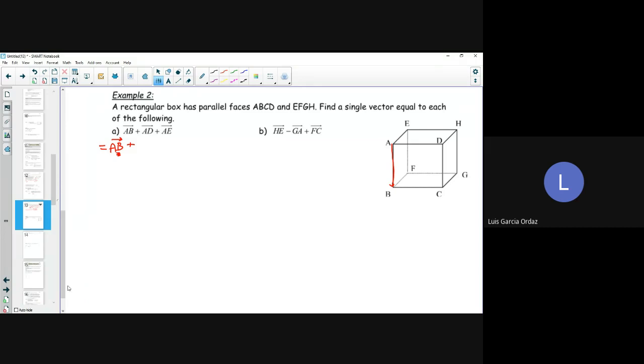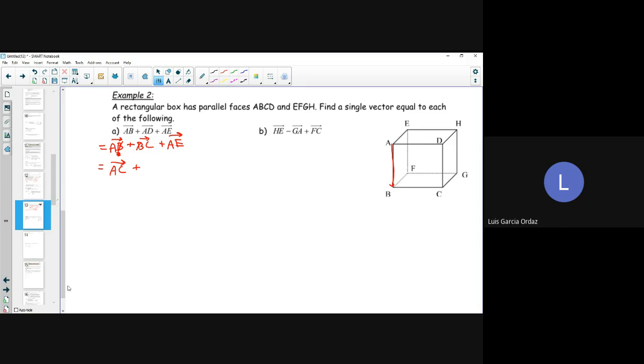Vector BC, thank you, Lauren. Vector BC. And then plus vector AE. So we'll do it step by step, which means that my B's cancel out. So vector AB plus vector BC is the same thing as vector AC.